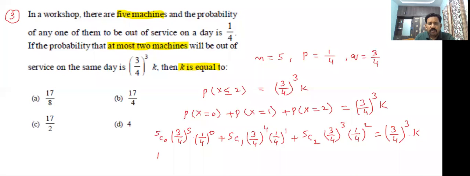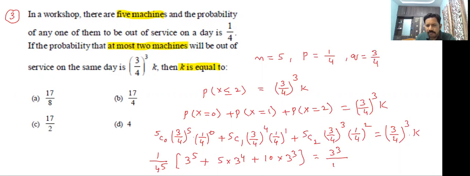Take outside 1 by 4 power 5 into remaining: 3 power 5 plus 5 into 3 power 4 plus 5C2 means 10 into 3 cube, that is equal to 3 cube divided by 4 cube into k.